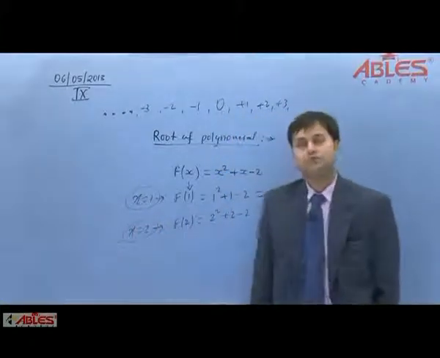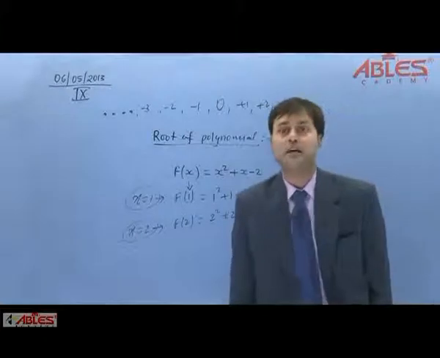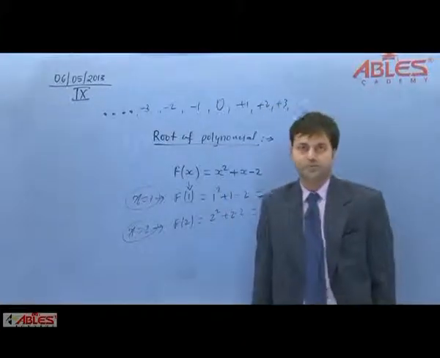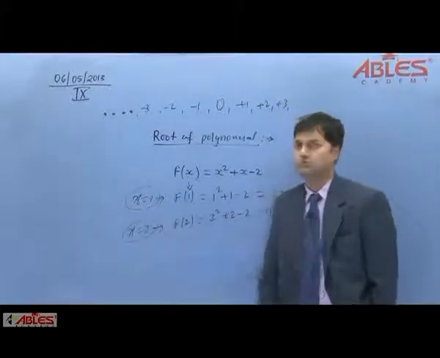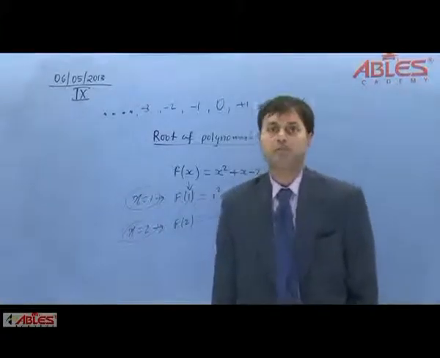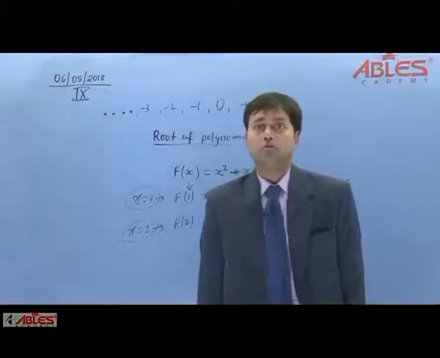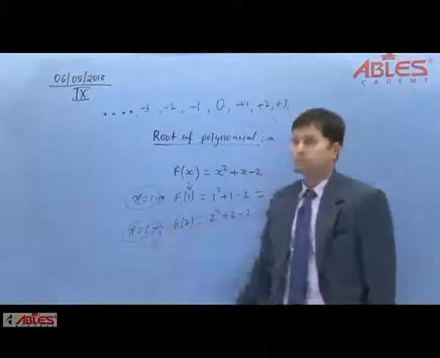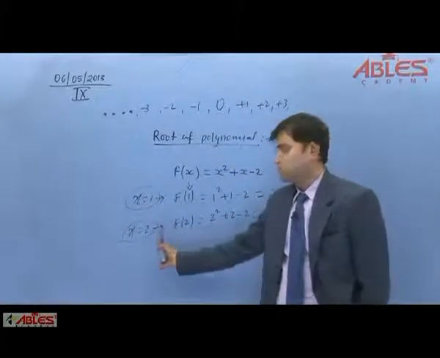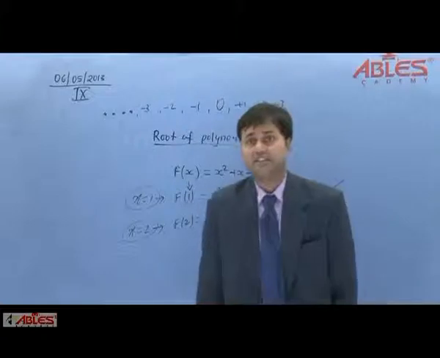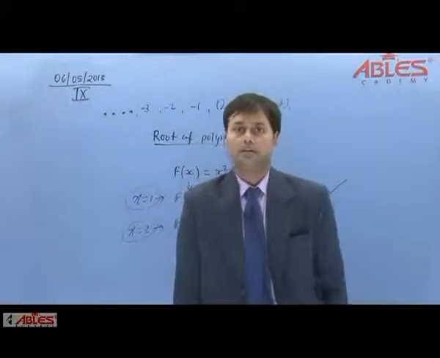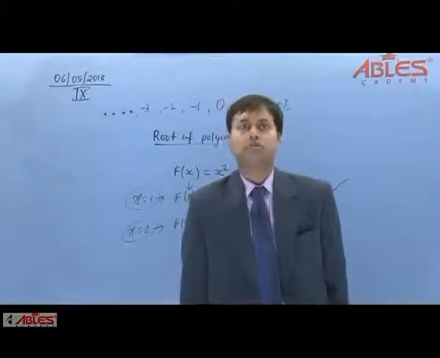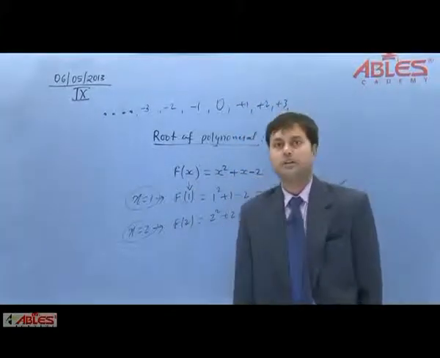Yes students, from all centers, can you decide now? Okay, very good. From many centers I am getting a response that x equals 1 is the root of the polynomial.